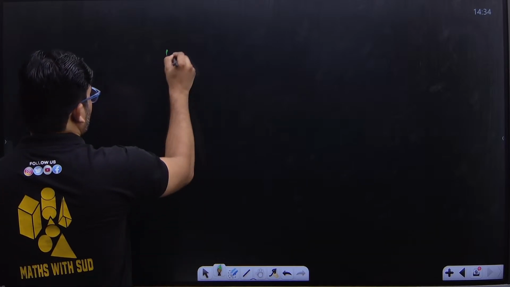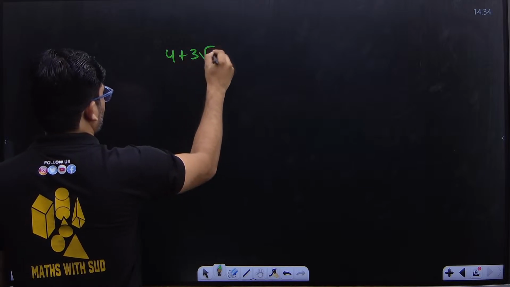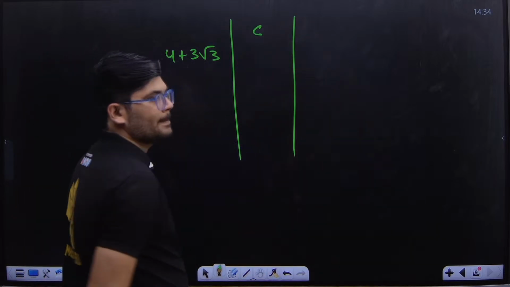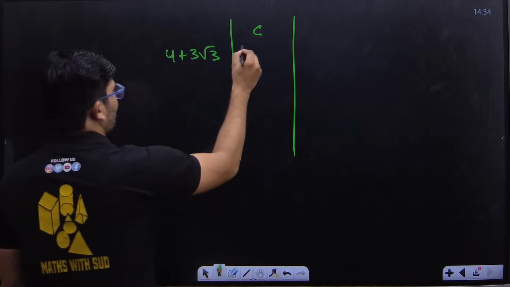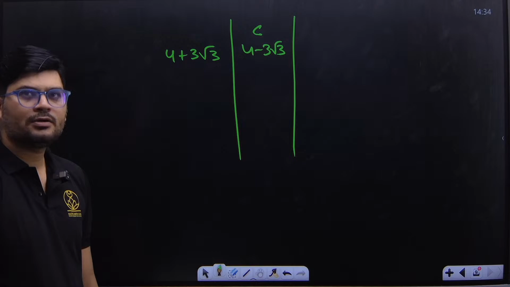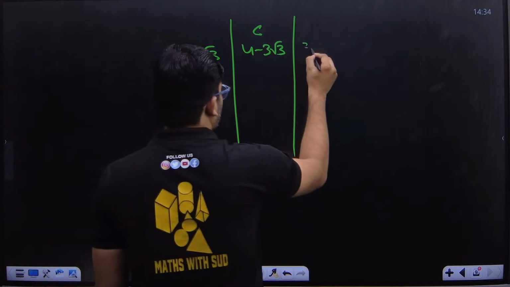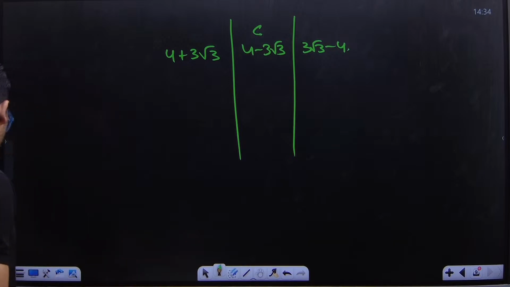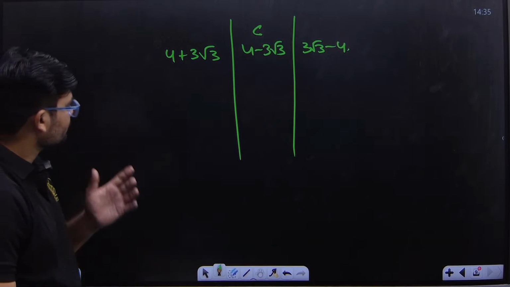If I write 4 plus 3 root 3, can you tell me what will be the conjugate of this? 4 minus 3 root 3? Wonderful. 4 minus 3 root 3, or what else can it be? 3 root 3 minus 4.